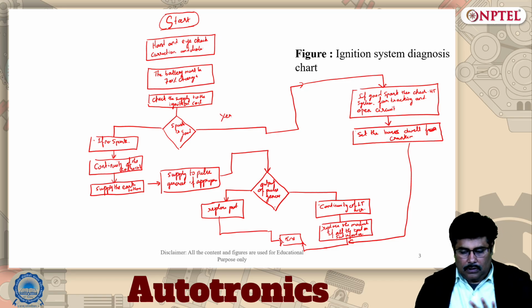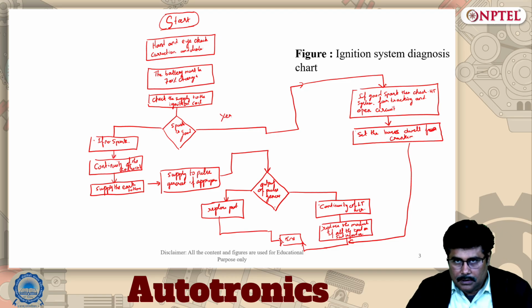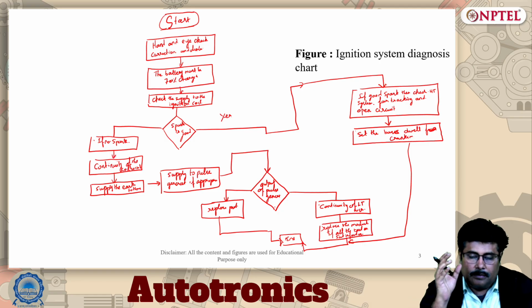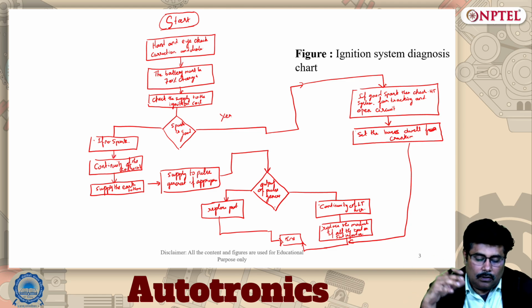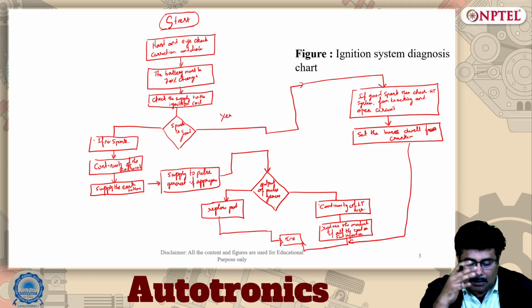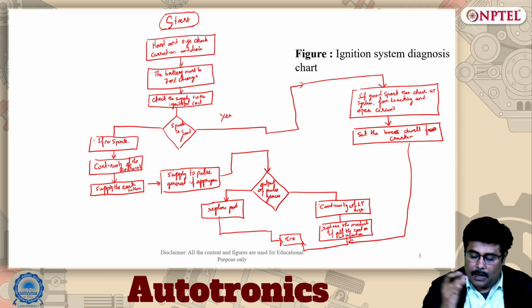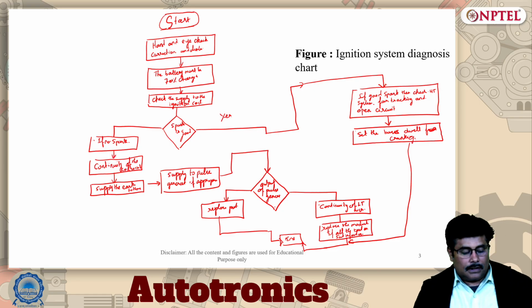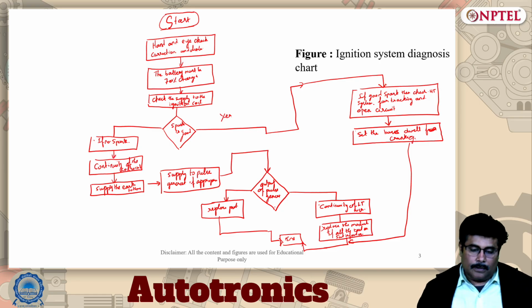If you look at the overall configuration of these ignition system diagnostics, it starts with manual checking, and then the battery backup and the ignition coils are checked. The main important aspects are the continuity, the earthing and the pulse, and appropriately we try to segregate the cranking as well as the open circuit in the system.